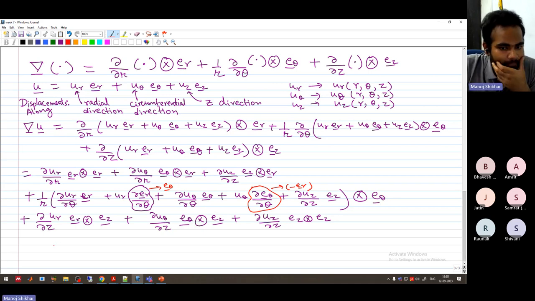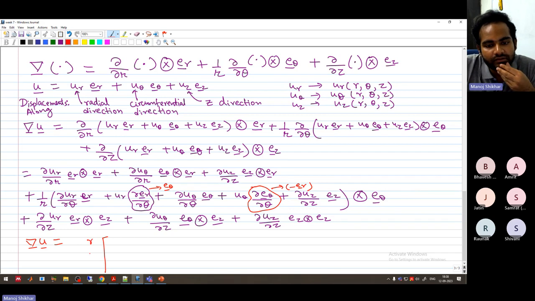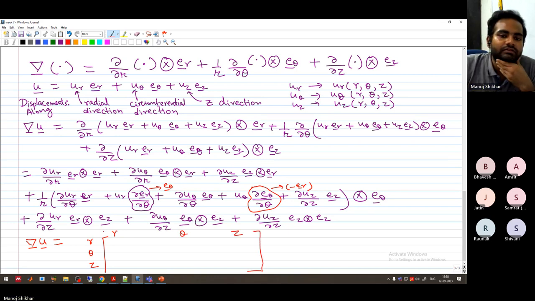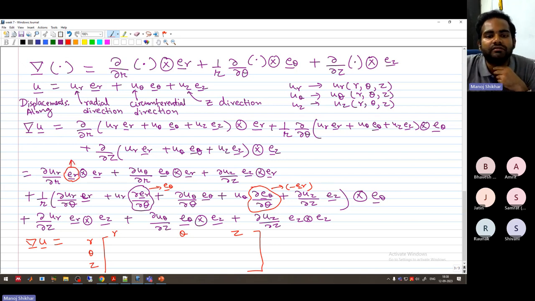So to fill the gradient of U tensor, write R theta Z here, and R theta Z here. The first part decides the row in which this term will go, and the second part decides the column. So both are R, R, so the first column will be filled by ER dyadic ER. So it is del UR by del R. E theta and ER will go where?